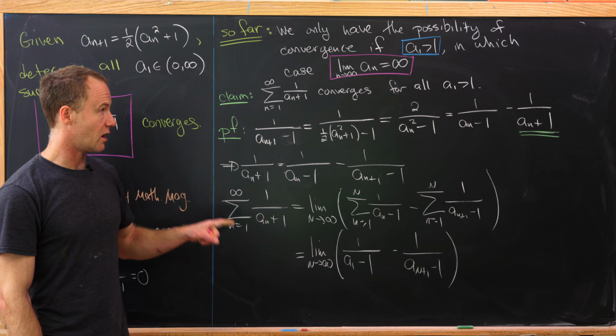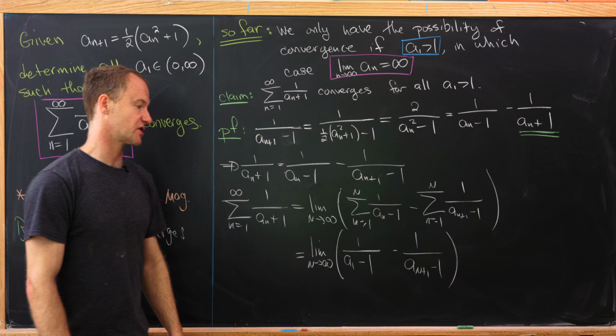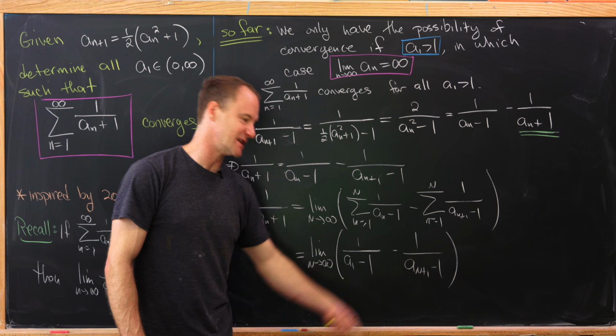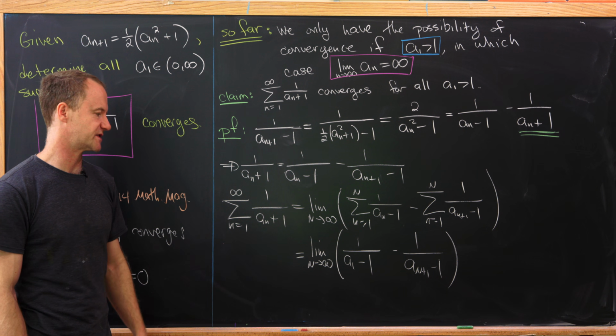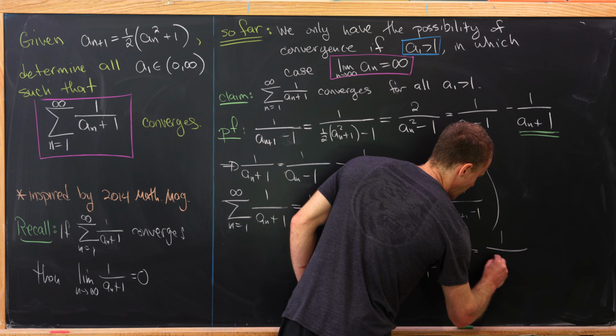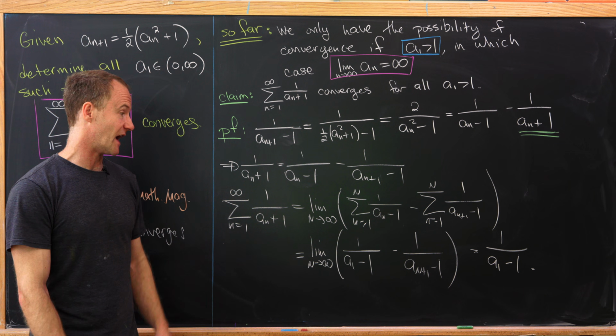But let's recall that in this setup, we know that the a_n terms go to infinity, but that means this denominator also goes to infinity. That means that whole object, which is maybe the remainder part, goes to 0, meaning we're left with just this first term, which is 1 over a_1 minus 1. And that's the final value of this sum.